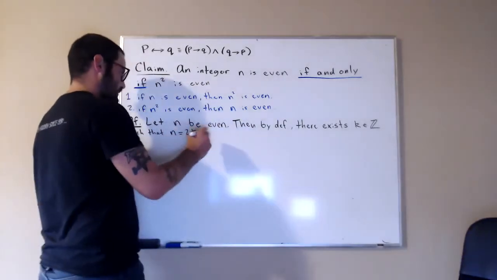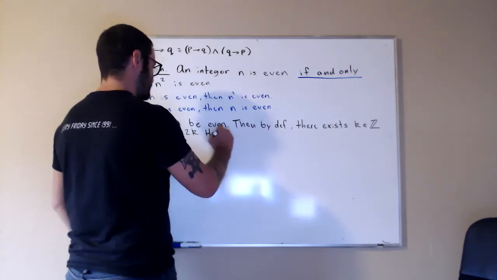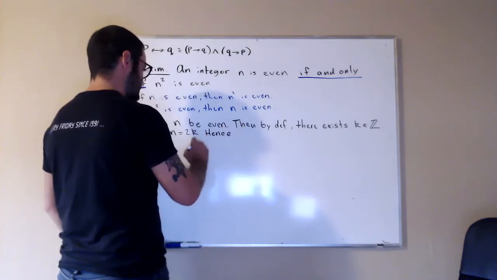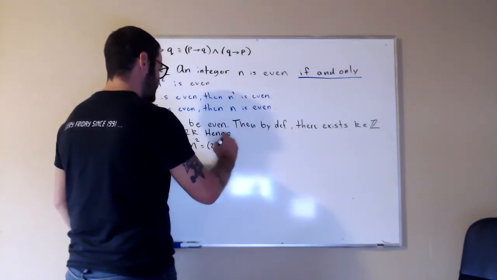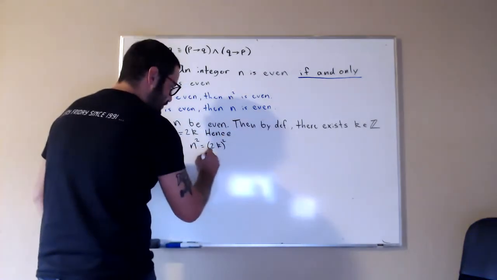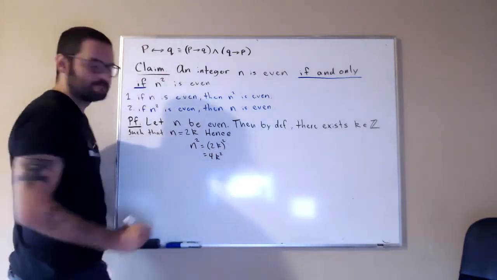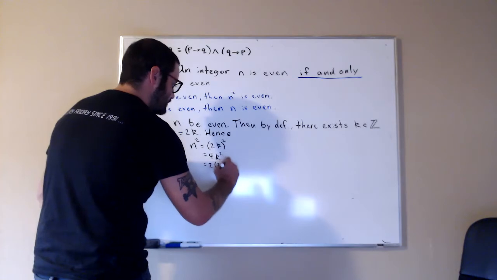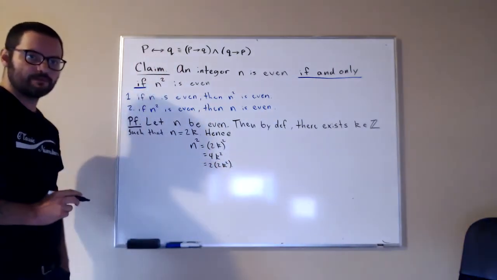So we can say something like, hence, n squared is equal to (2k) squared, which is equal to 4k squared, which is equal to 2 times 2k squared. Okay?